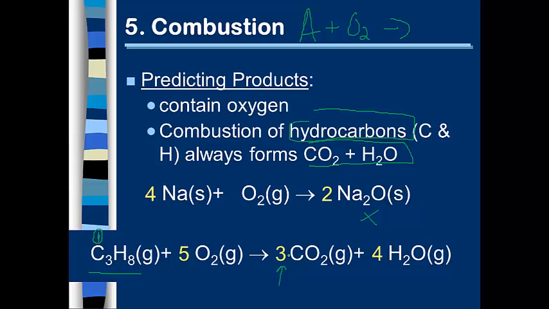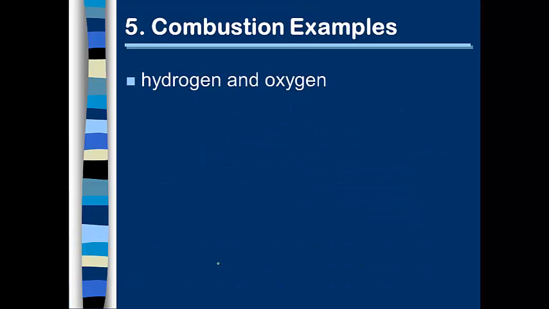Then I balance hydrogen second, I've got 8 hydrogens, 4 waters, all right? And you don't have to do it in this order, it's just what works for me. Now the oxygens, the reason we have 5 or 10 total over here is because I've got 3 times 2 is 6, 4 over here, so that's why I have to have 10 total oxygens.